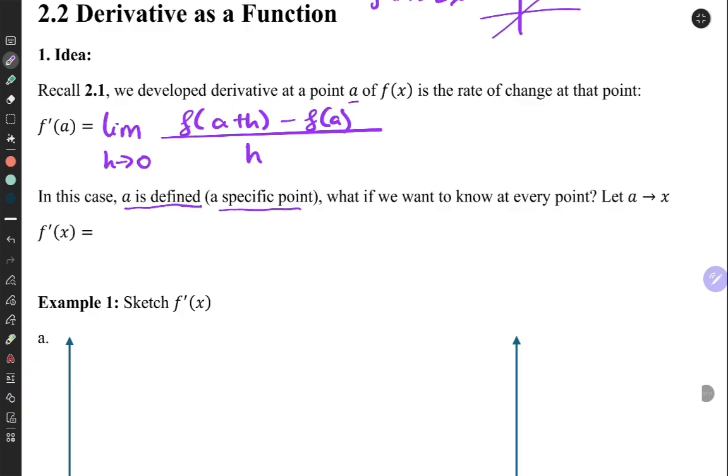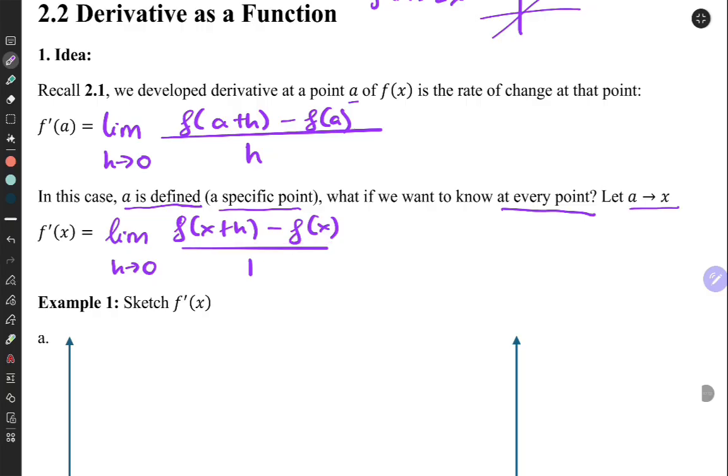With that formula, if you want to know the derivative at every point, everywhere, let a approach x, that means you just change the notation. That's it. a represents the derivative at one point, x represents the derivative everywhere. So we're going to start using this.